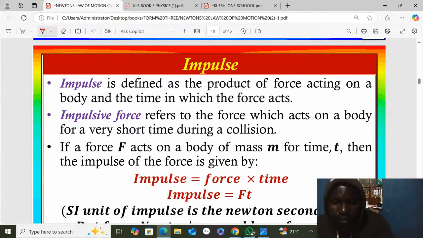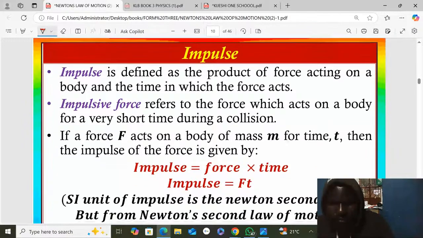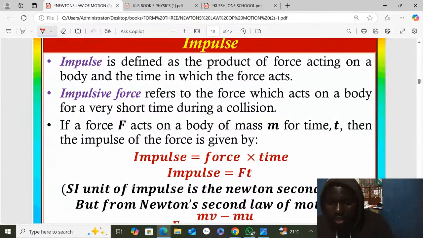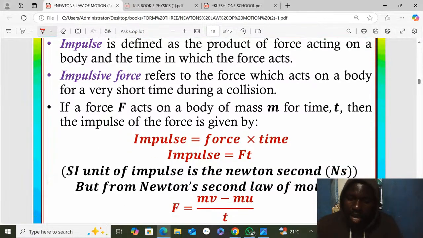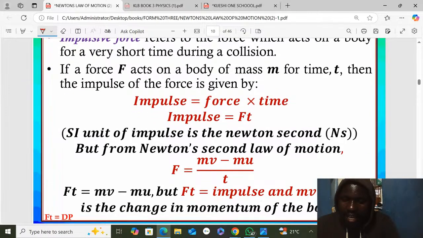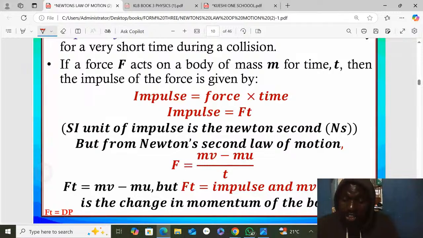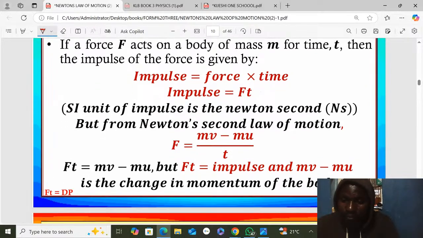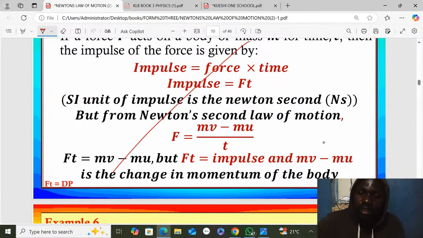We have impulsive force, and it refers to the force which acts on a body for a very short time during a collision. Therefore, as we had said from the previous formula, impulse is given by force times t and is also the same as change in momentum.